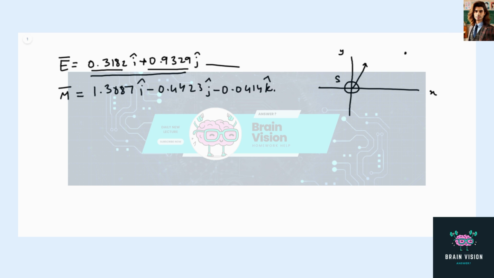Whereas for Mars, the x component is large and positive, and the y component is small and negative. Hence, you expect it to be something like this. Hence, this is Earth and this is Mars.